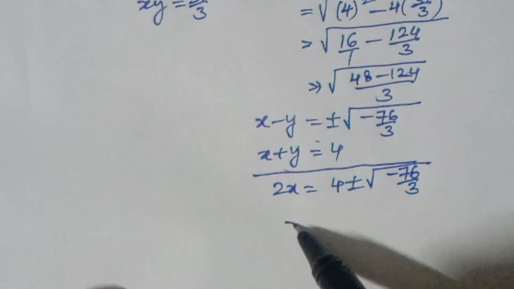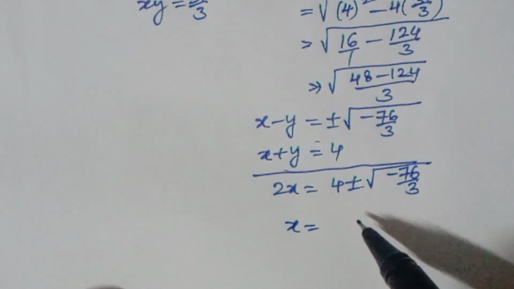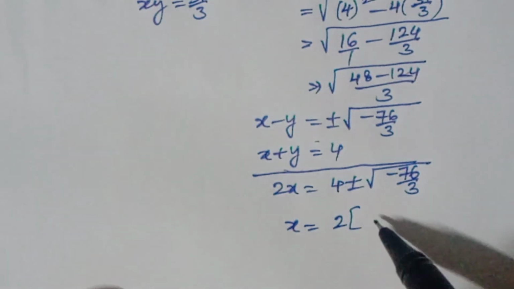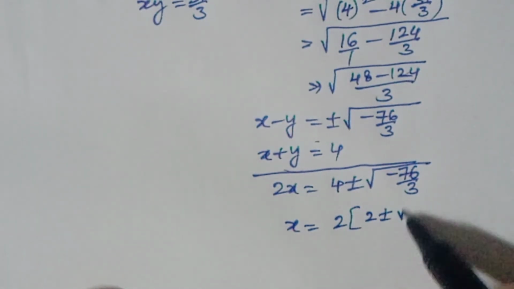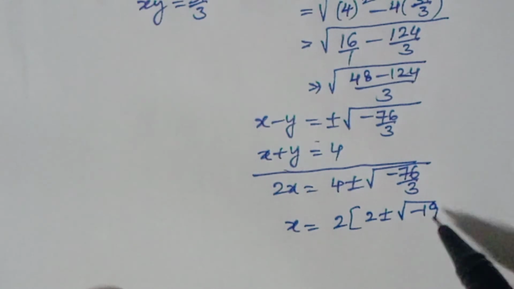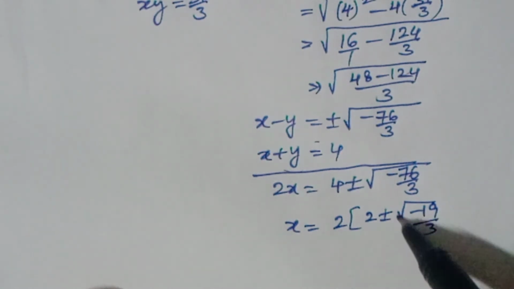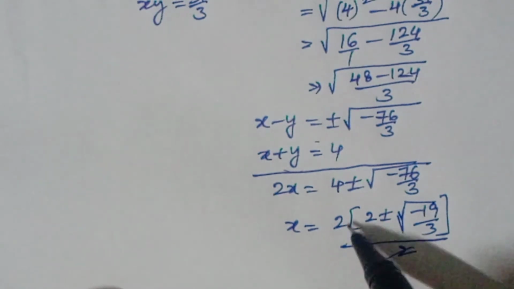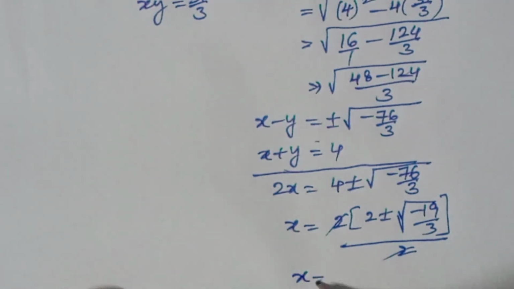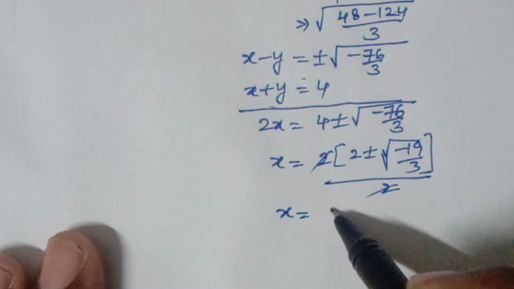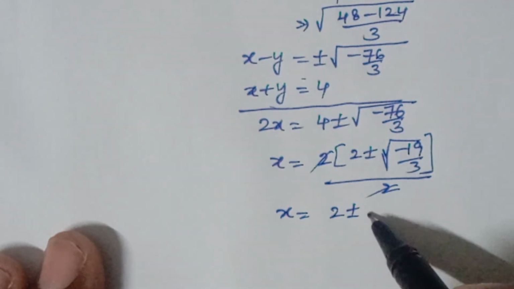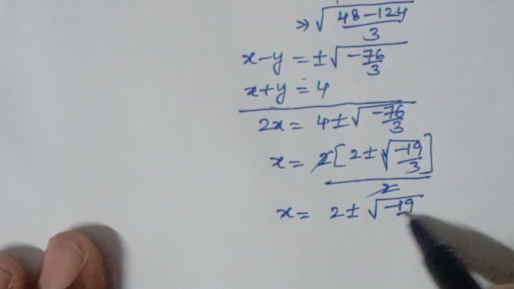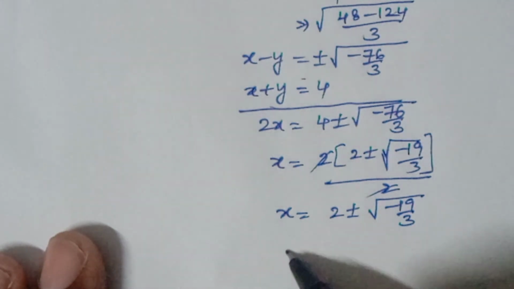So here if you take x value, taking 2 common, 2 plus or minus root of minus 19 by 3, by 2. So this 2 gets cancelled. X is equal to 2 plus or minus root of minus 19 by 3.